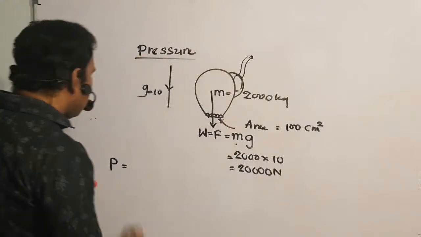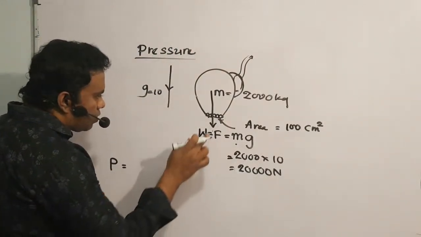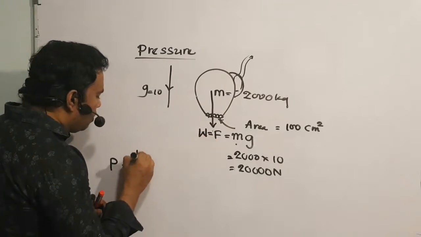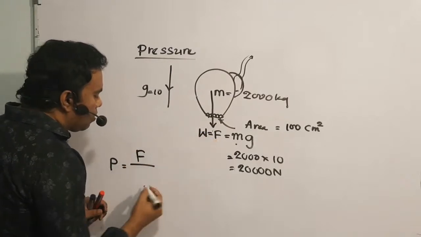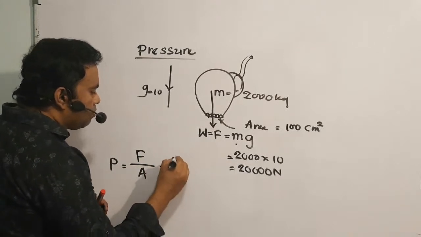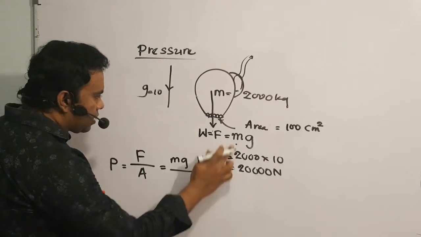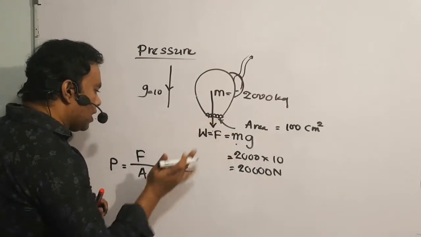Good. Pressure equals mg, or downward force, over area. So force equals mg. We have already calculated that mg, therefore I directly put that here.